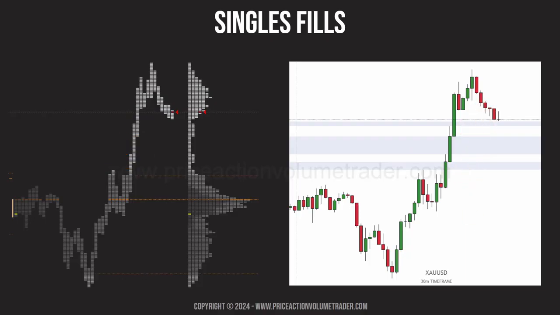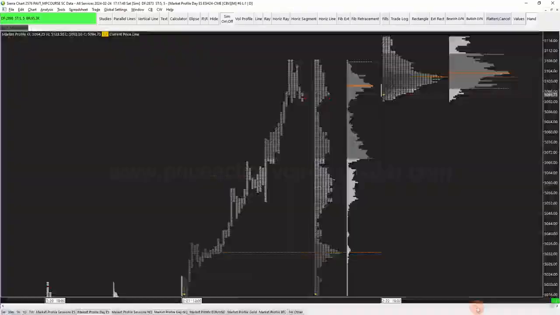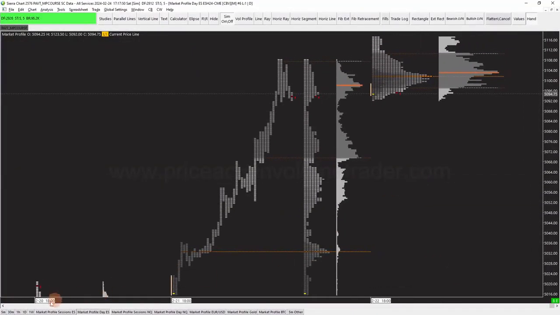Now, some of you might be familiar with what they call smart money concepts in price action. There's a pattern they talk about there called the fair value gap, okay?